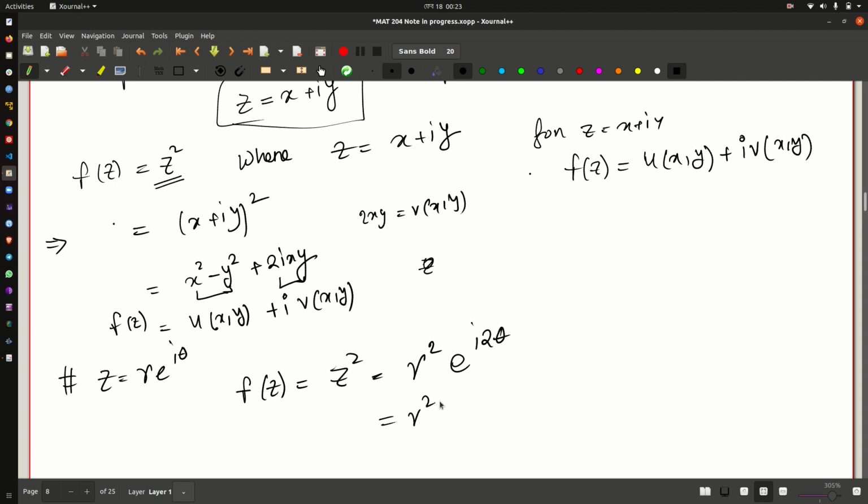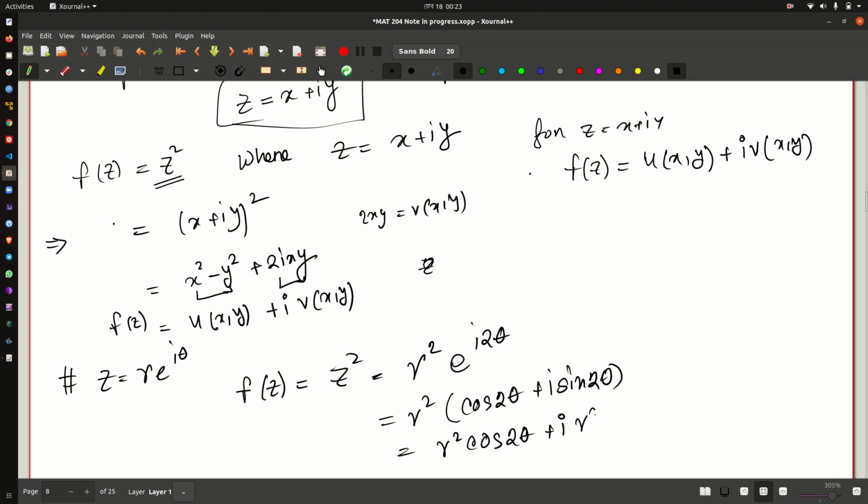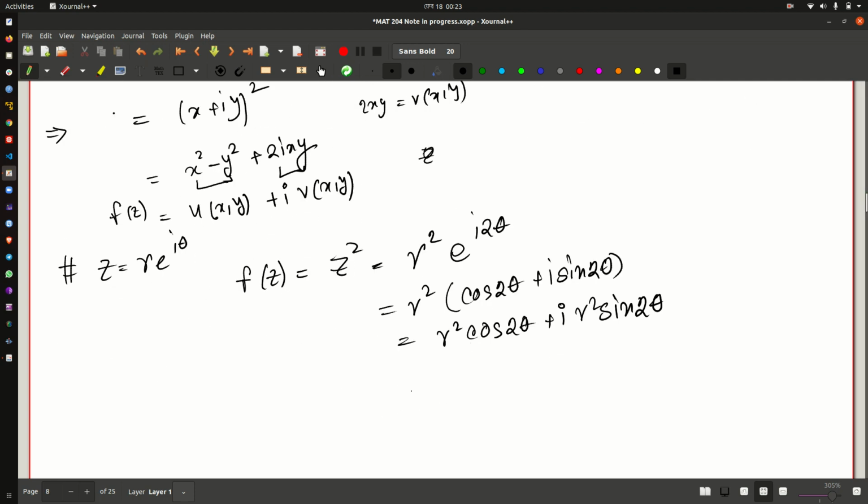So this would be just cos 2 theta plus i sin 2 theta, and as you can see, this is a function of r and theta. You multiply this whole thing with r squared. You can easily see that there are two parts, one of them being real, one of them being imaginary. And now you can write this as, let's say, capital U of r, theta. You can use other notations if you want, it really doesn't matter.